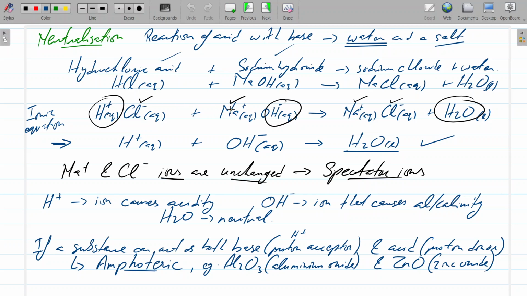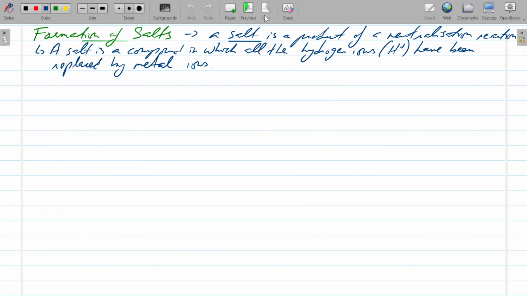Sodium is a metal, it's coming in with the chloride, the hydrogen's removed, and you're getting a salt. Or the hydrogen can be replaced by an ammonium ion, which we'll come across later. Ammonium ions look like this, NH4 plus.